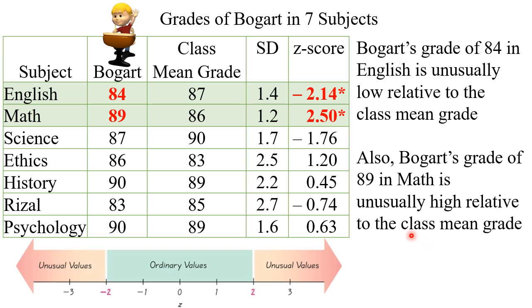So as of the moment, class, you cannot really appreciate this. Why is that? Because we still have 90 as the highest grade and 83 as the lowest grade. As I said, we cannot compare directly because these are not standardized. Once we standardize this into a z-score, that's the only time that we can compare with one another.